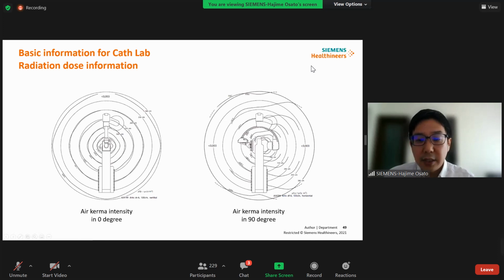This knowledge sharing is quite important for the room environment, including staff standing position and operator standing position. So please keep in mind this intensity trend: the tube side is a bit higher than the detector side. It is quite important in the Cathlab.